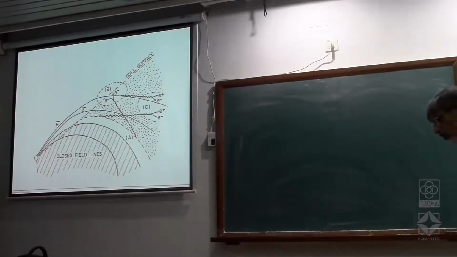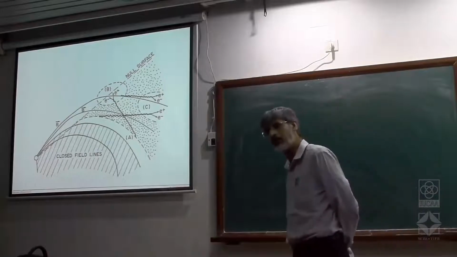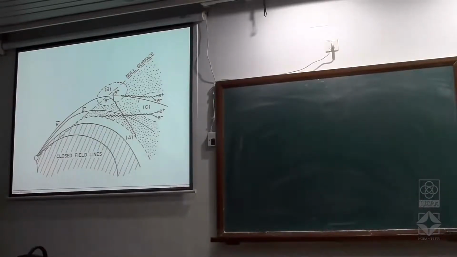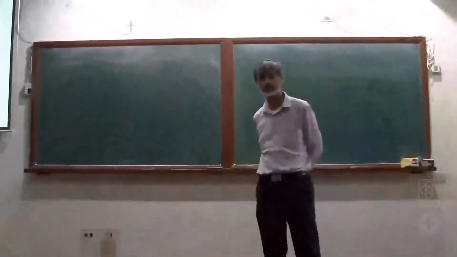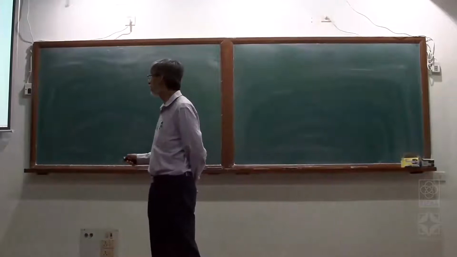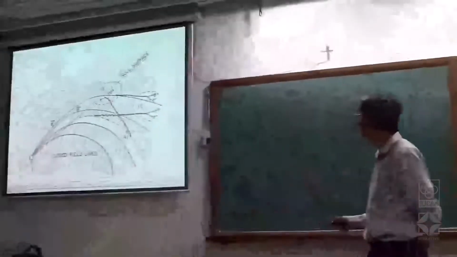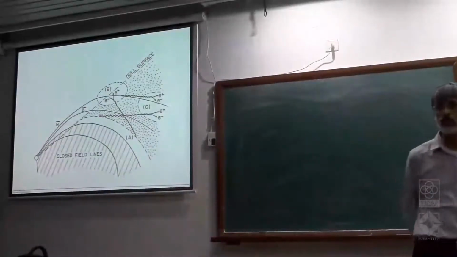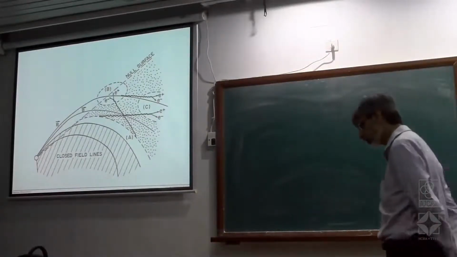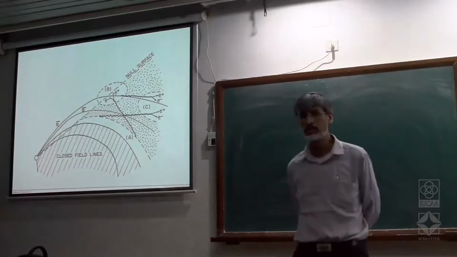Now, why this is still relevant in the context of global magnetospheric solutions that we are seeing today is that this region is also coincident with what we have called the separatrix, the current sheet. Right.